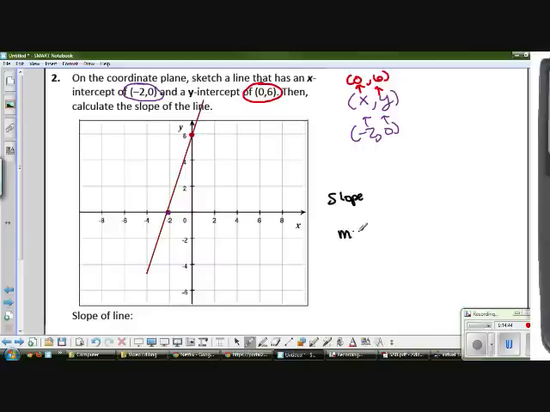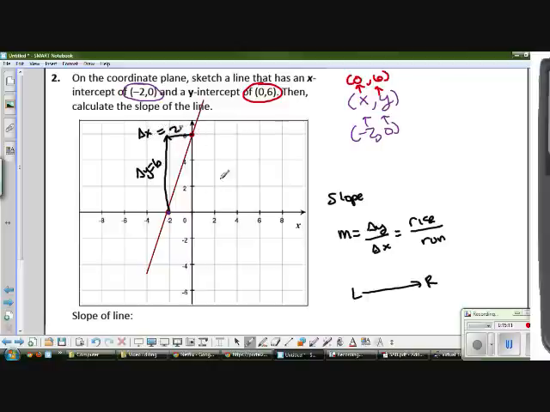But a very important thing is that we always read these things left to right. So if I'm looking for a slope triangle, I want to calculate my rise first, which would be 2, 4, 6, and then a run of 2, which is going to be my change in x. So the slope being change in y over change in x is 6 over 2, which simplifies to 3. So my slope in this case is just 3.